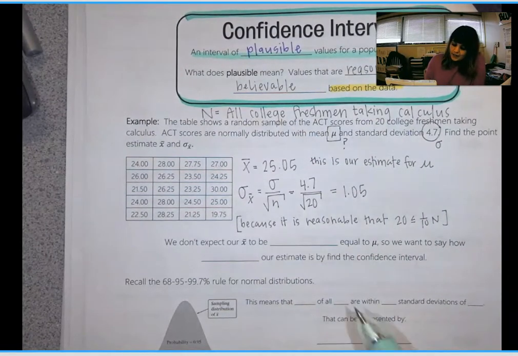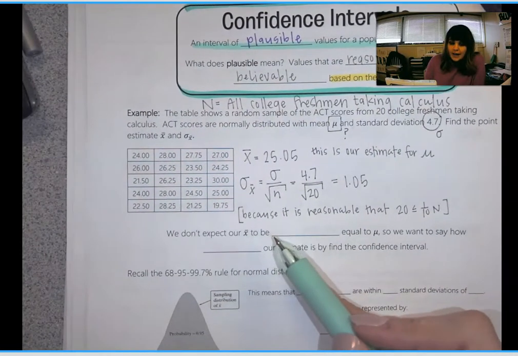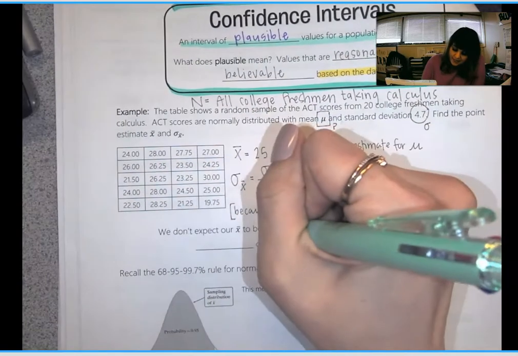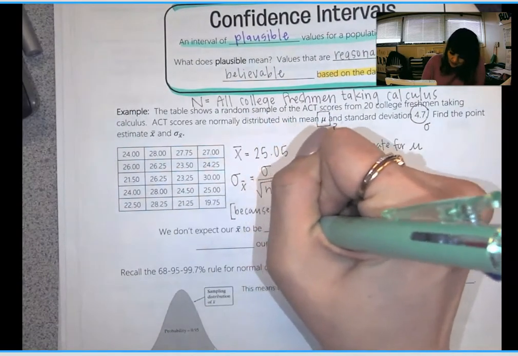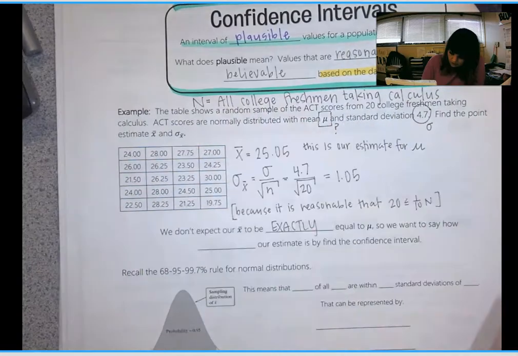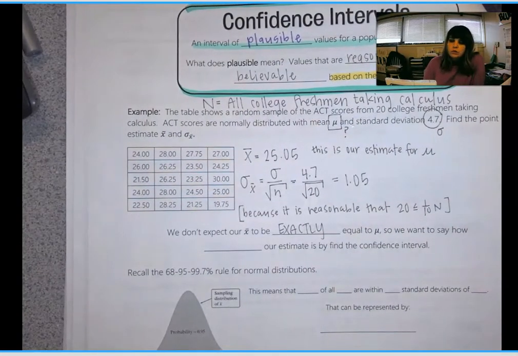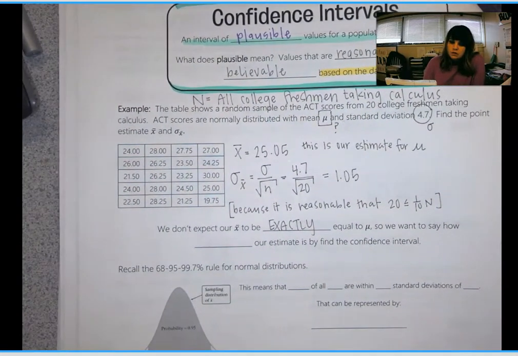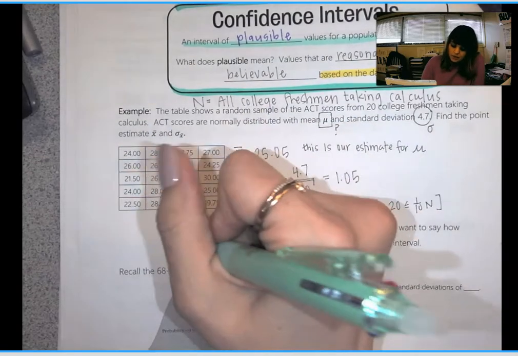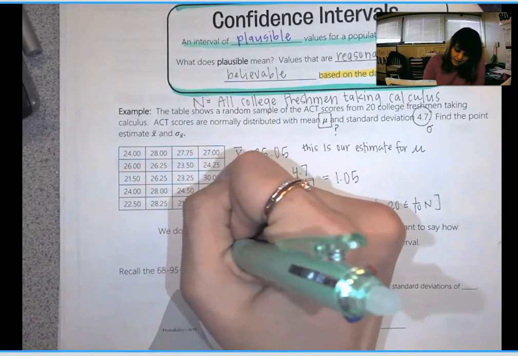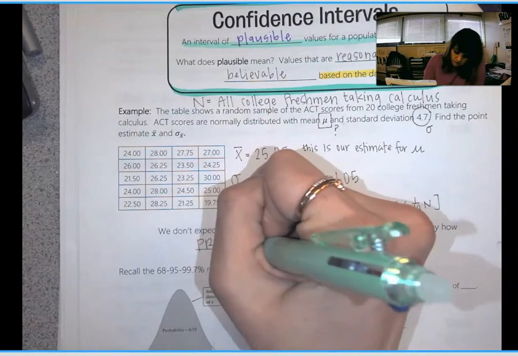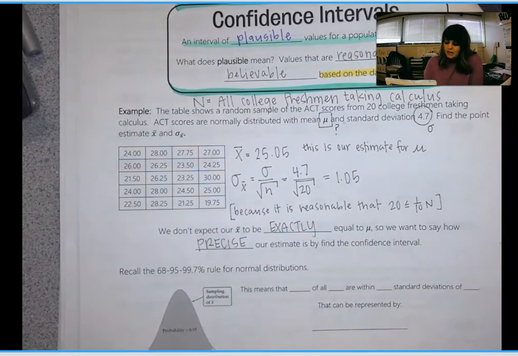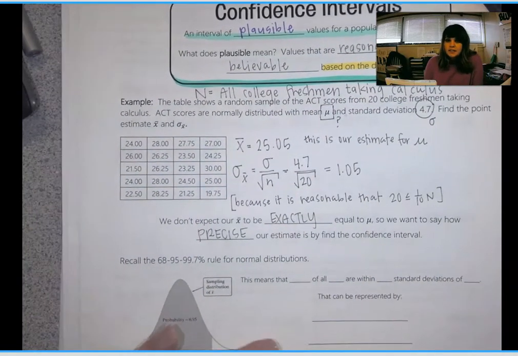Well, we don't expect our x bar to be exactly equal to mu. So we want to be able to say how precise our estimate is by finding the confidence interval.